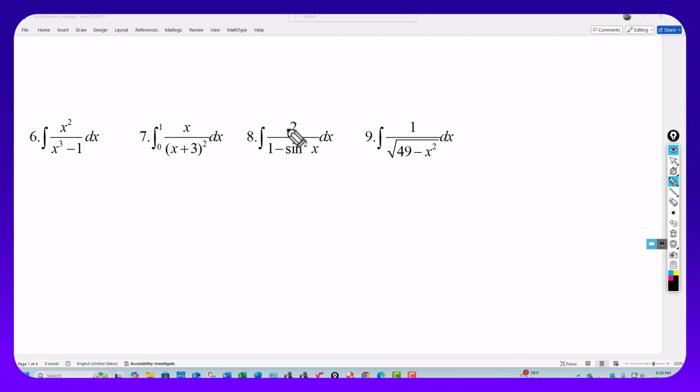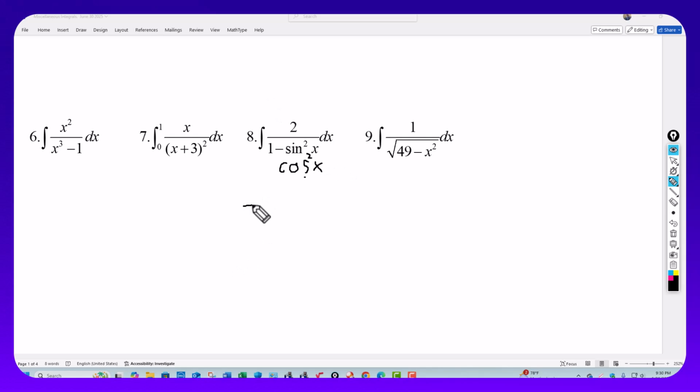I want the integral of 2 over 1 minus sine squared of x. Well, let's just do this. Anytime you're evaluating trigonometric integrals, have the trig functions involved here, use some of your identities. We have one that tells me that cosine squared of an angle plus sine squared of the same angle is equal to 1. Using that identity, you can come up with 1 minus sine squared of x is the same thing as cosine squared of x.